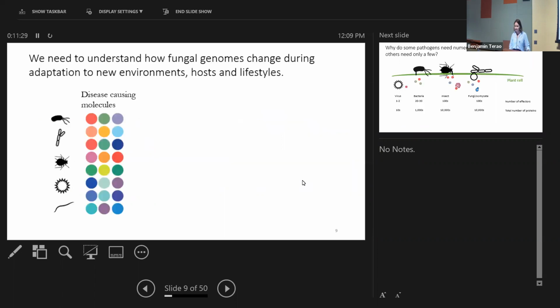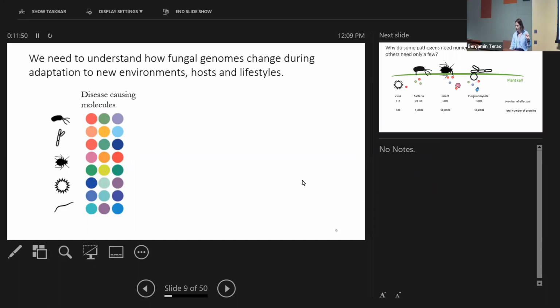With that in mind, in order for us to understand how plants can efficiently utilize these immune receptors to recognize the diversity of pathogen molecules, we also want to understand how diverse those pathogen molecules really are, right?